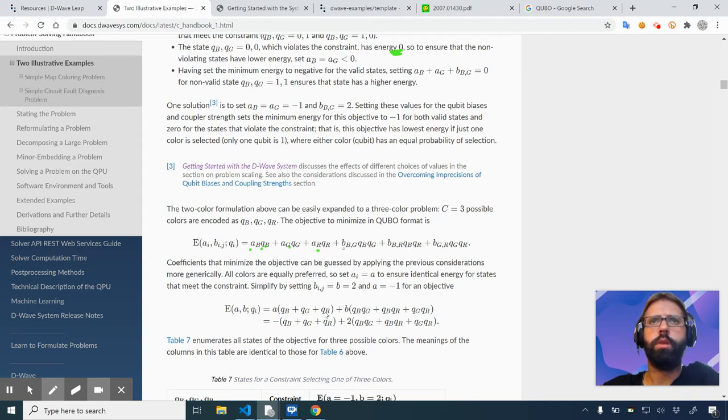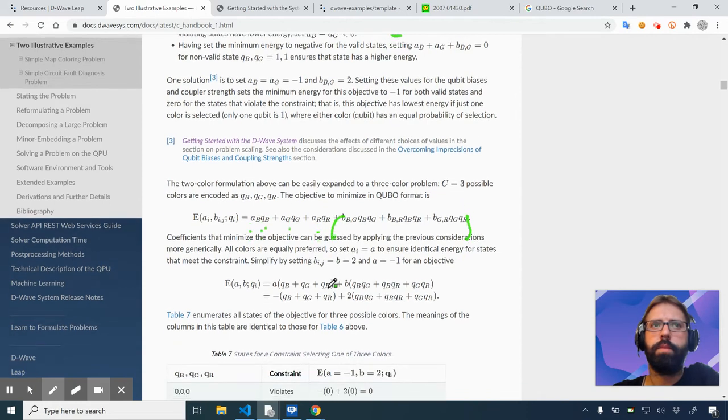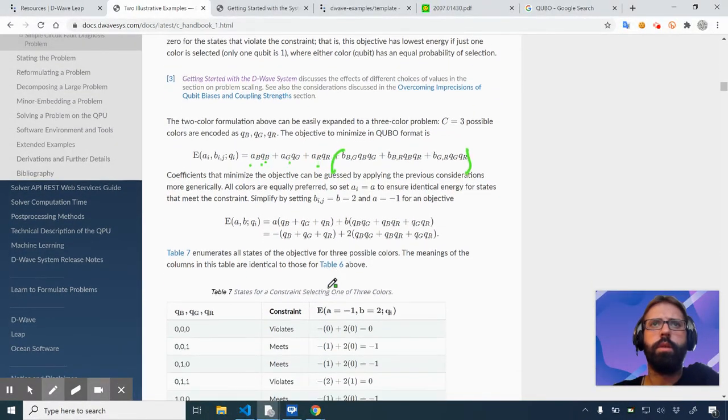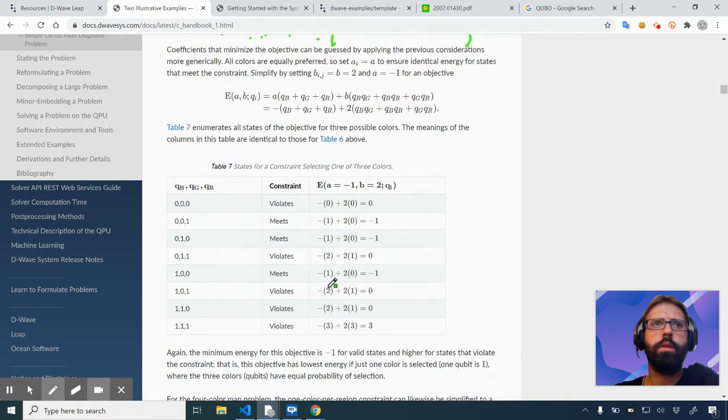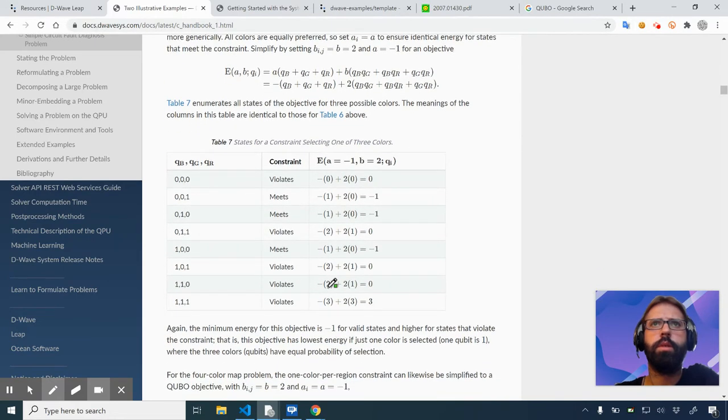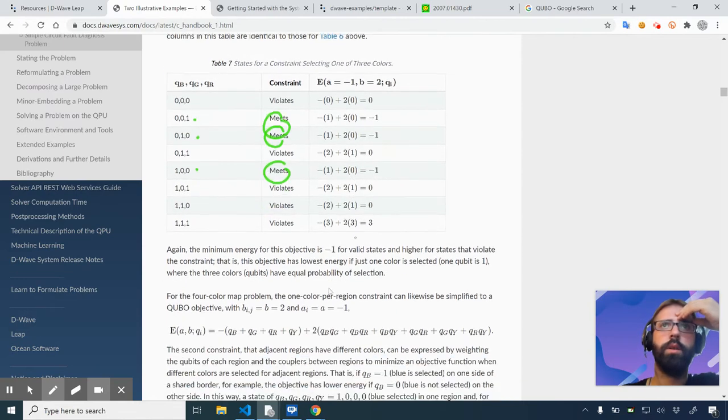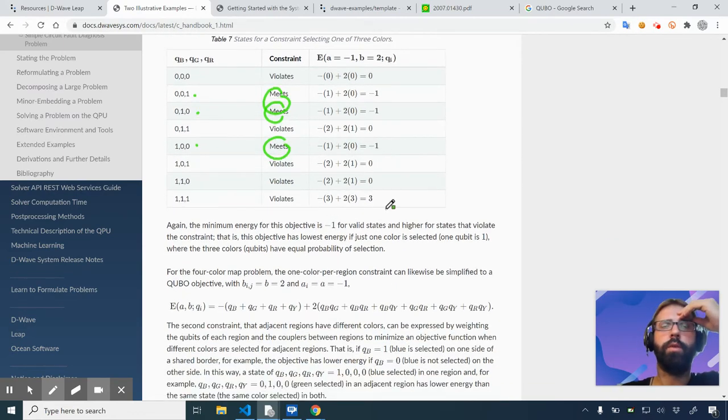Or I don't understand this part much. We're talking about one single country or one single region now. Okay, but the idea is the same. So the valid states, where only one color is there, are these 3, which are the only ones that have a negative total energy. Okay. The rest have 0 or above.